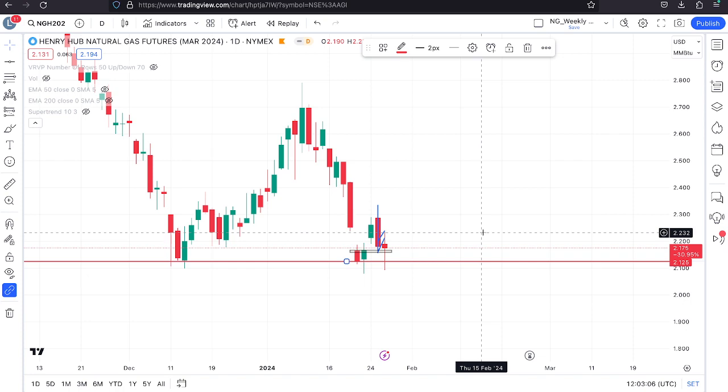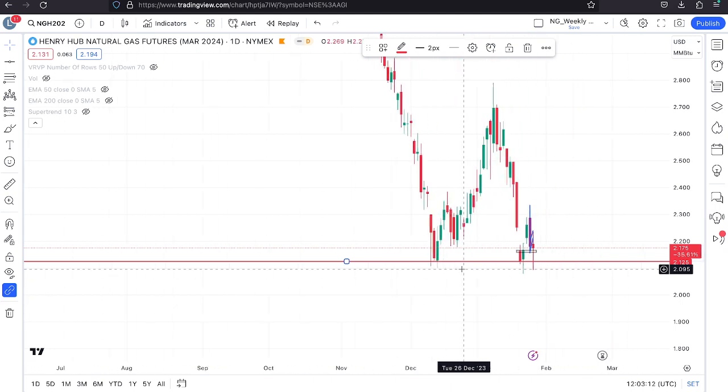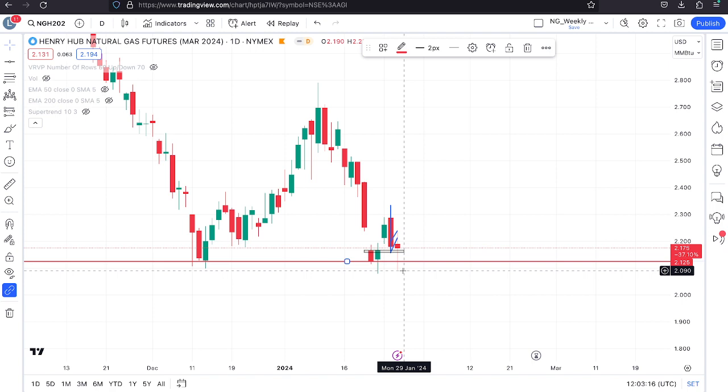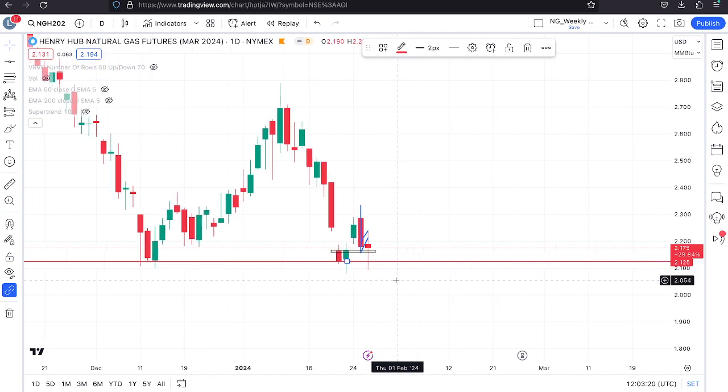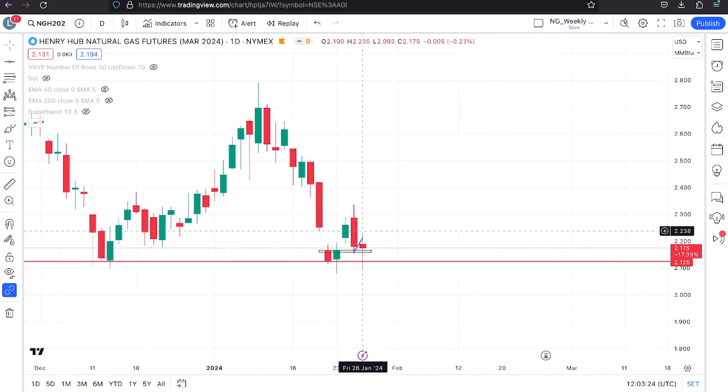This 2.12 price is comparatively a good price for the bulls. I think that's where I can see them take control here. But again, we can see. Let's see on the daily side what happens here.